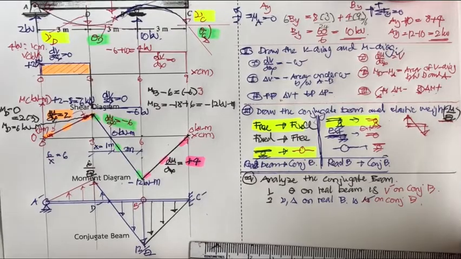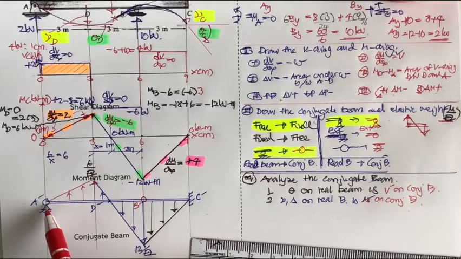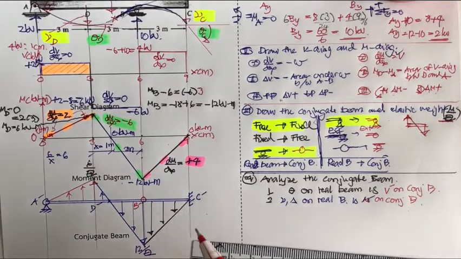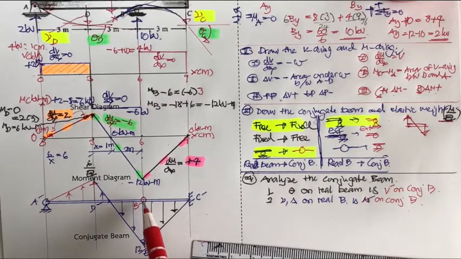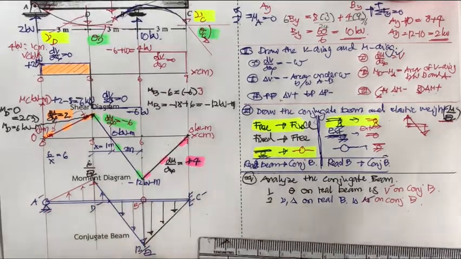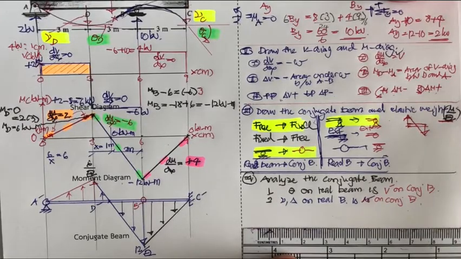And what happened is this is fixed, okay, this is pin. We're going to divide this beam into two portions. One is AB, another one is A prime B prime, and another one is B prime C prime. So let us separate the beam into two parts.